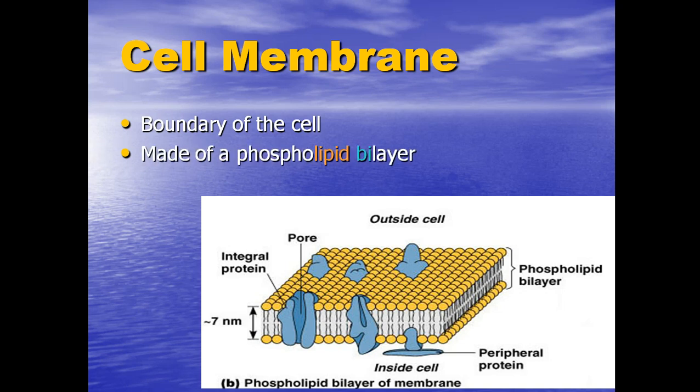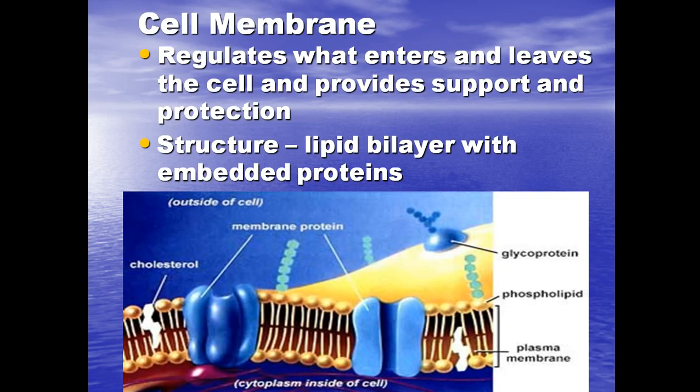Now here, the major component of this plasma membrane is the phospholipid bilayer. There are two layers. See, this is one layer of phospholipid and this is another layer of phospholipid. It is made up of two layers of phospholipid. Thus, it forms the boundary.